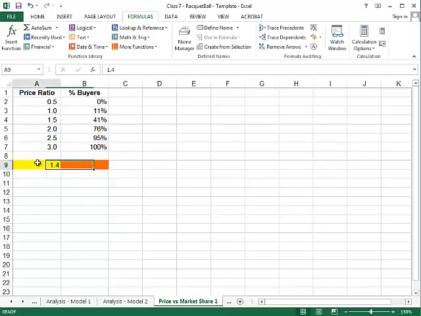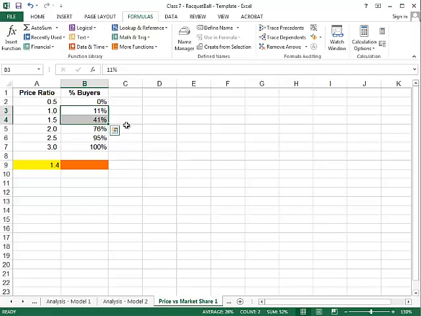Well, I know that 1.4 falls in between 1 and 1.5, so my market share is going to be somewhere between 11% and 41%. But what would that figure be exactly? What would my market share be exactly? Is a harder question to answer.